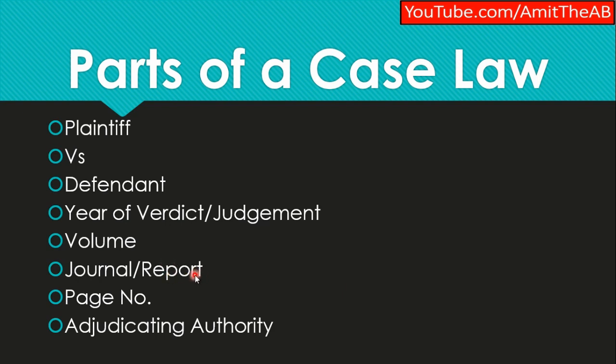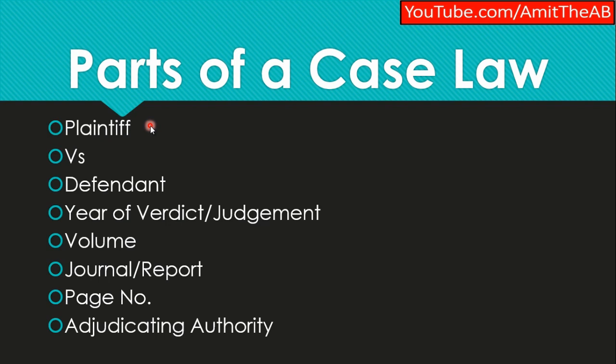Okay. Now since it will be a big book, we have to cut it down into several parts, and those parts are known as volume. And in that volume there are certain x number of pages. Where does this case belong, that page number reference is mentioned over here. So let's again quickly recap.